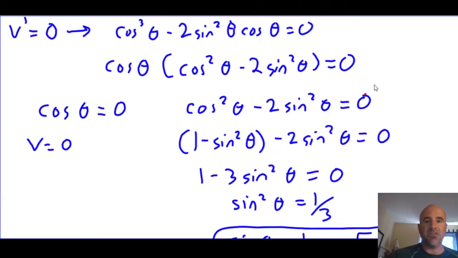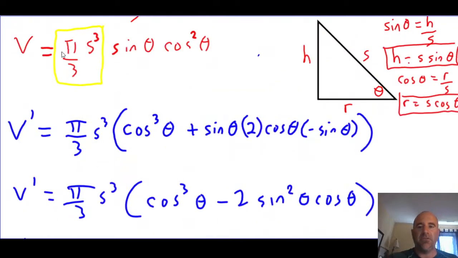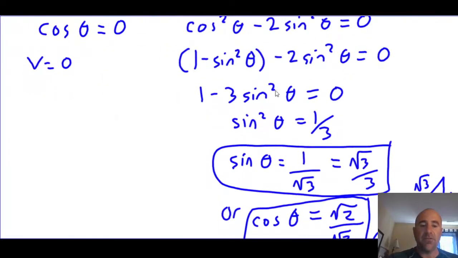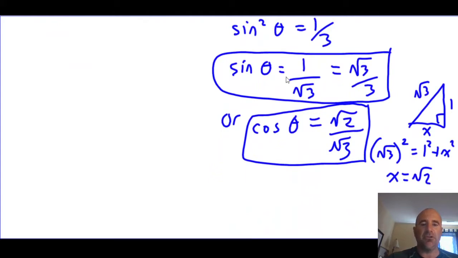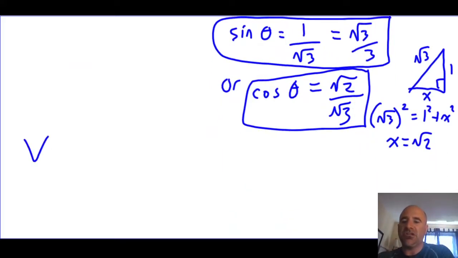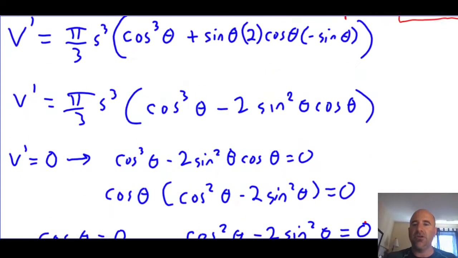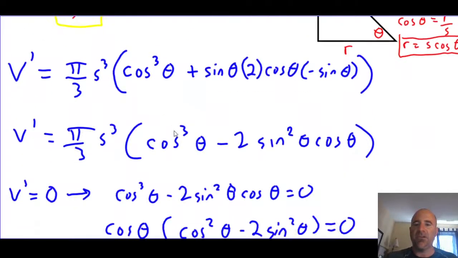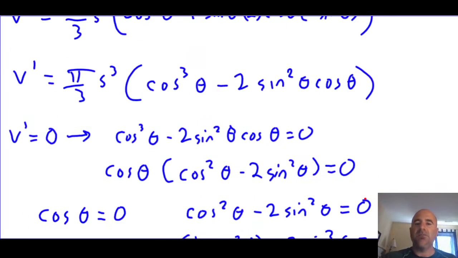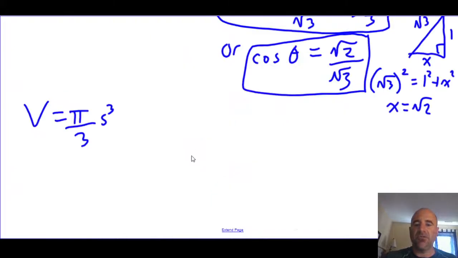So there is our other possibility. Again, just to break it down, we found the derivative of the volume, and we set it to 0. The derivative of the volume function is equal to 0 when sine theta is equal to 1 over root 3, and cos theta is then root 2 over root 3. And then we can look at our volume equation again. So let's take that original volume equation, pi over 3 s cubed times sine theta cos squared theta.